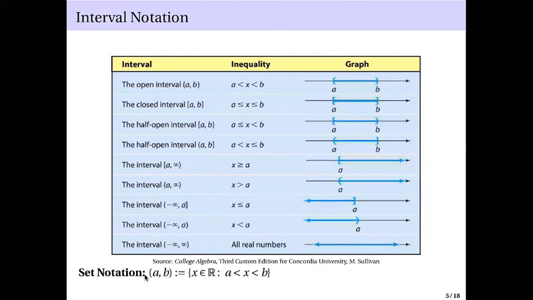Now, for set notation, we have the open interval a comma b. This is an interval as a set. We can rewrite it as the set of all x in the set of real numbers such that x is greater than a and less than b. So we have the interval notation, the inequality notation, and then the set notation.